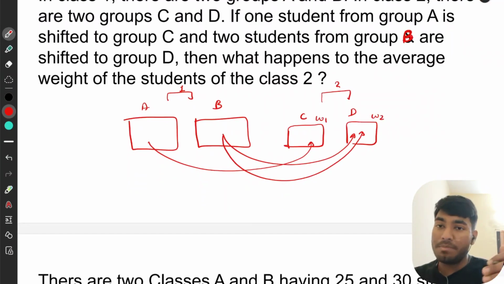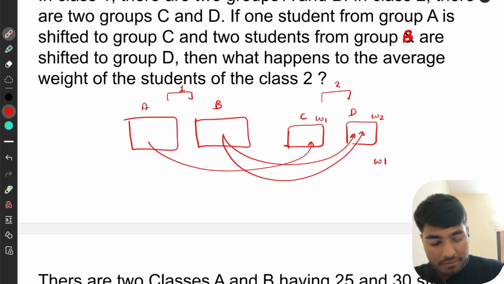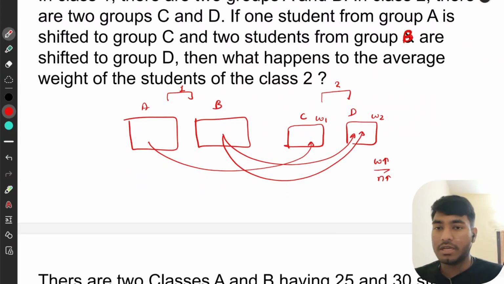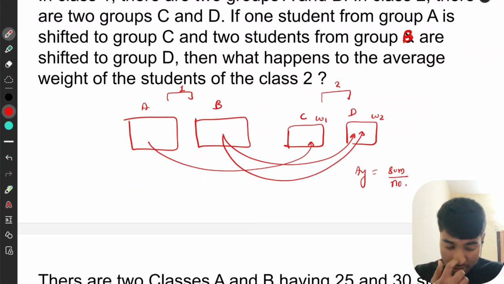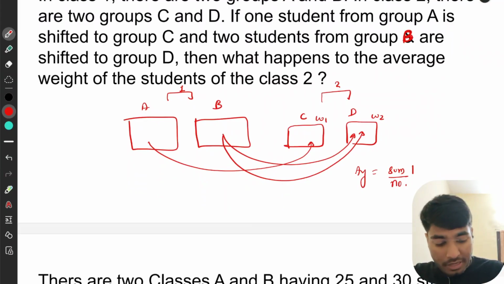People have increased, so the weight will increase, but the number is also increasing. Average is the sum of numbers divided by the number of numbers. Due to addition, the sum is getting increased, but the number is also getting increased. Therefore, if the numerator is increased and the denominator is also increased, I cannot draw any conclusion here.